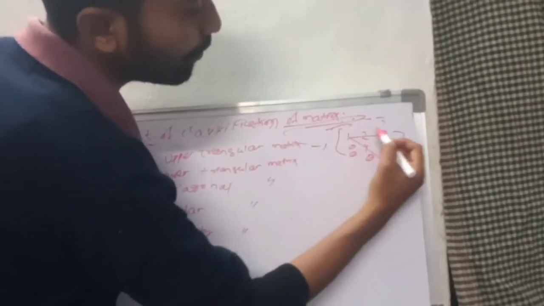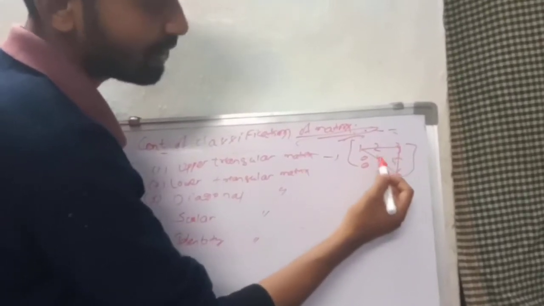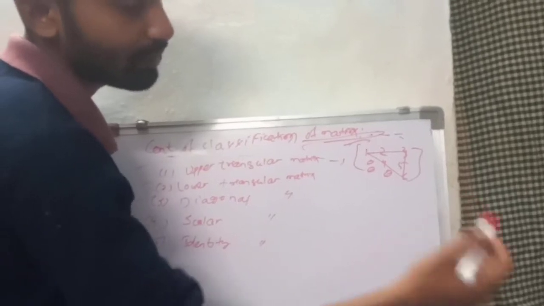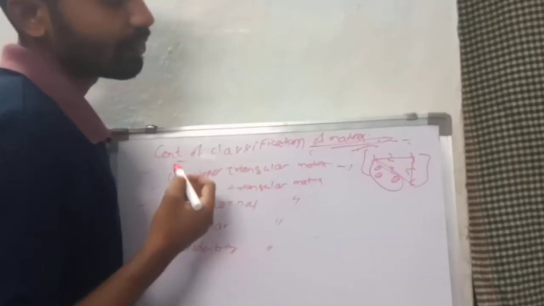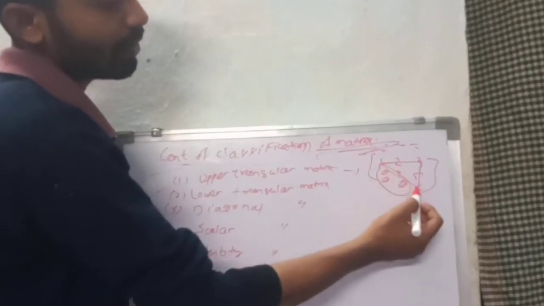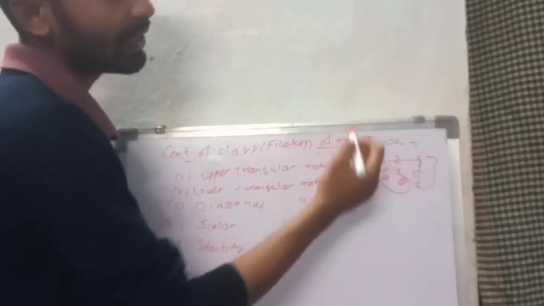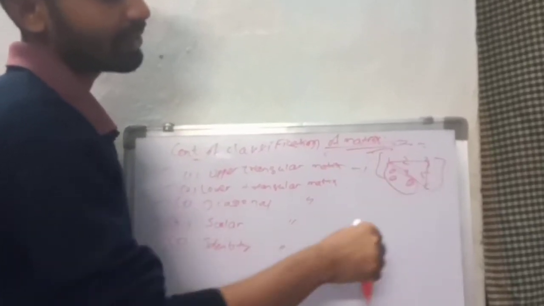The upper positions will have numbers, like 1, 2, 3, 4, 5, 6, and the lower portion will all be 0. In this matrix, all the upper portions are filled with numbers and all the lower portion is filled with 0. This is the upper triangular matrix.